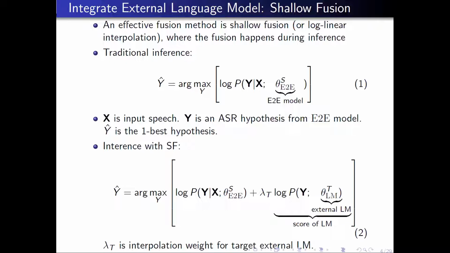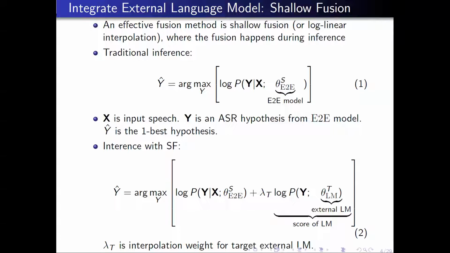An effective fusion method is shallow fusion, where the fusion happens during inference. In traditional inference, the end-to-end model predicts an n-best list of hypotheses Y from input speech X. Each hypothesis is given a score of posterior probability from the end-to-end model.